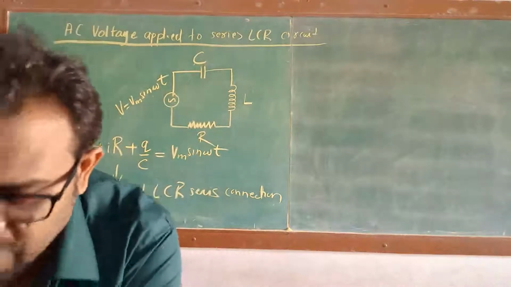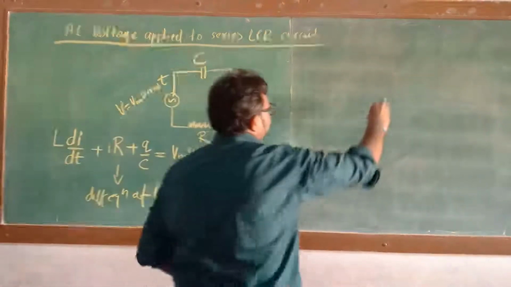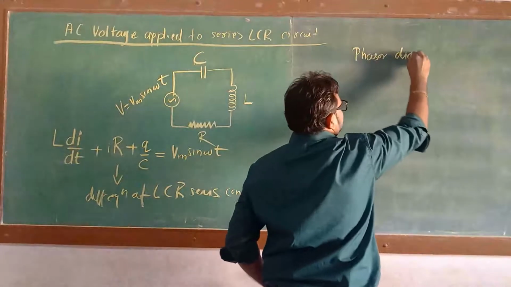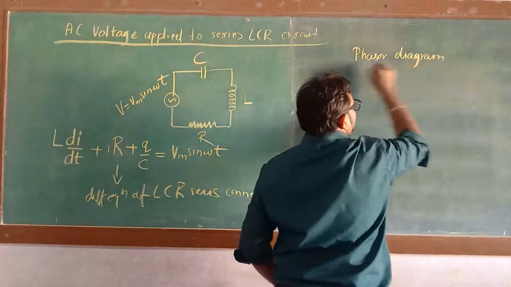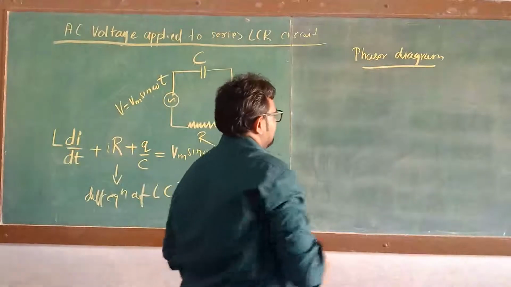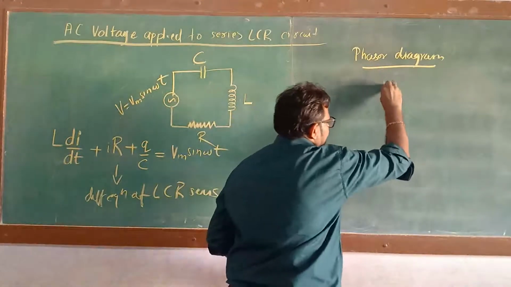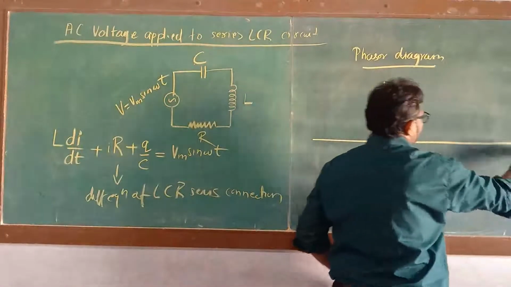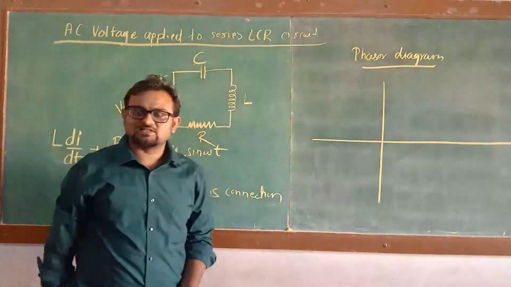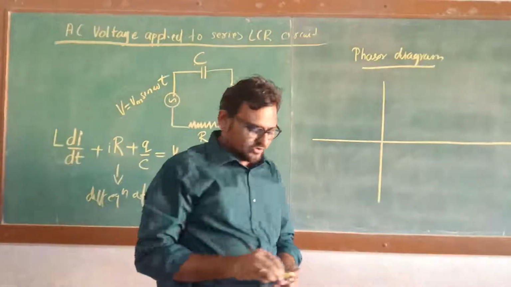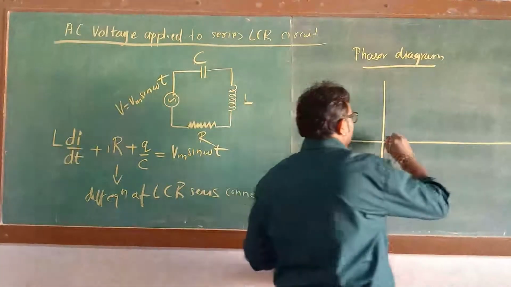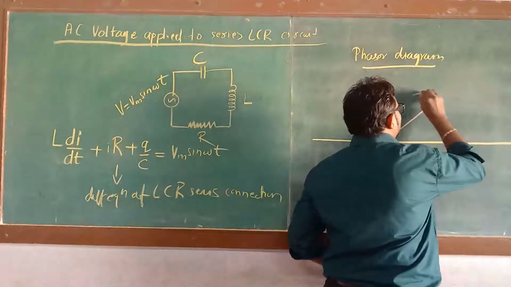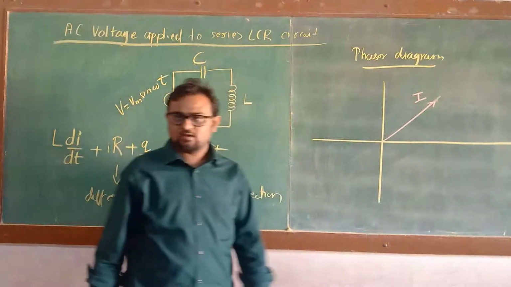So now let's draw the phasor diagram. First let's draw the current vector. Let this be the current vector I.